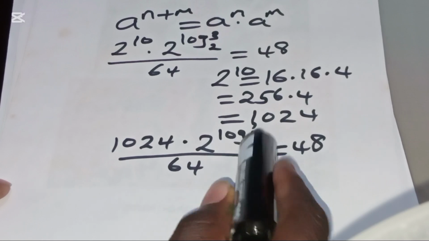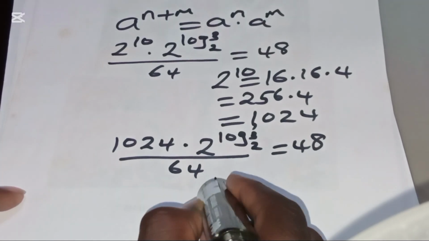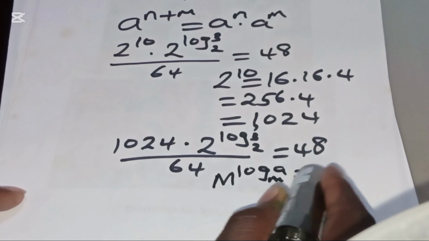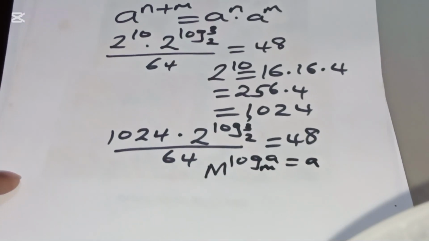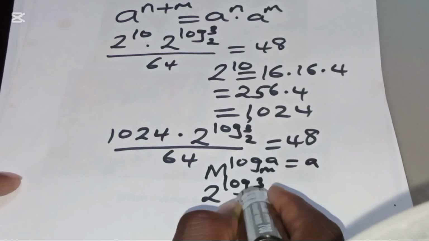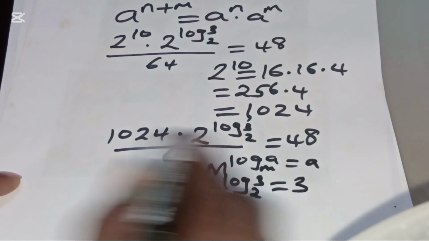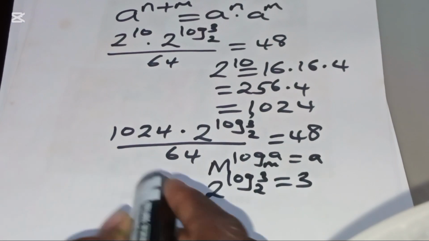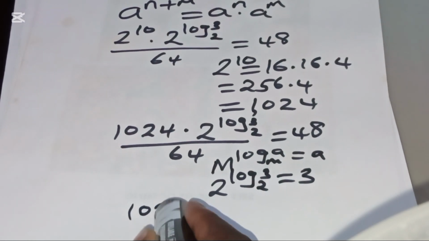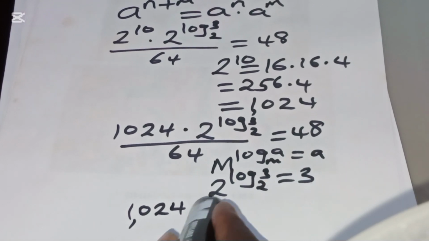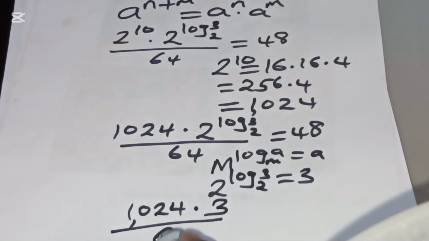2 to the power log 3 to base 2 is in the form of m raised to the power log a to base m, which is equal to a. So that means that 2 to the power log 3 to base 2 is essentially equal to 3. Substituting this value, we'll have 1024 multiplied by 3 divided by 64.